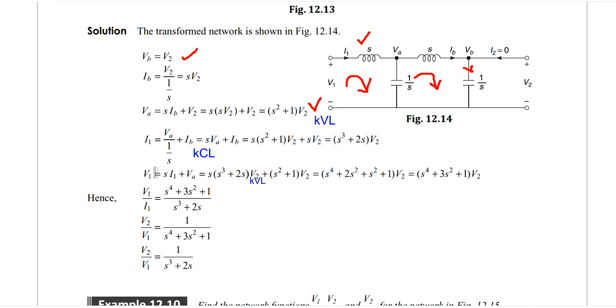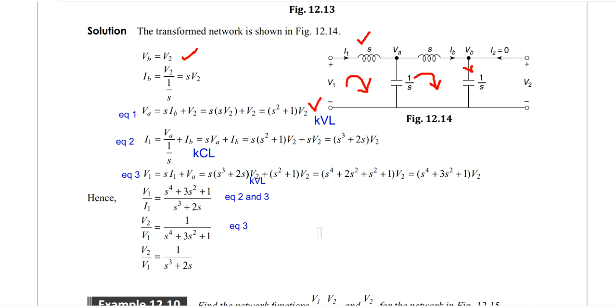Let us give equation numbering for clarity. Let us say this is equation number 1, this is equation number 2, and this is equation number 3. From equation 3 we can directly get this, and this we can get from equations 2 and 3.